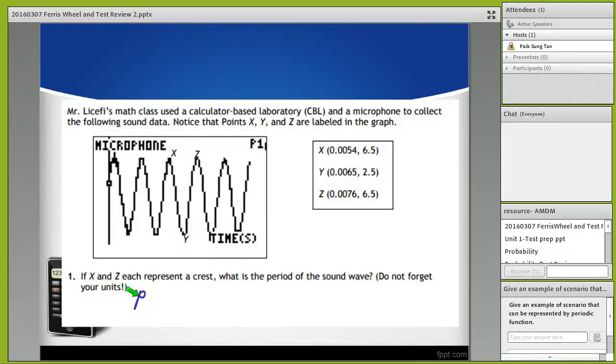So the period will be equal to the distance in x. So you just get the x value for z, and subtract the x value for point x.